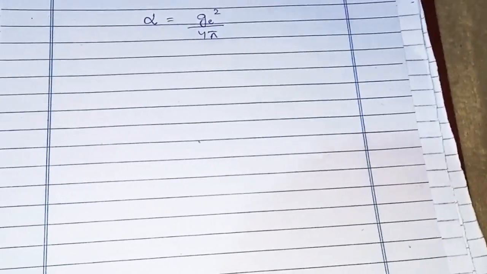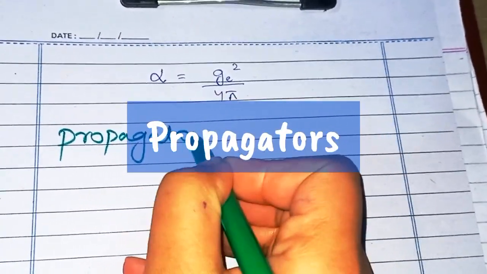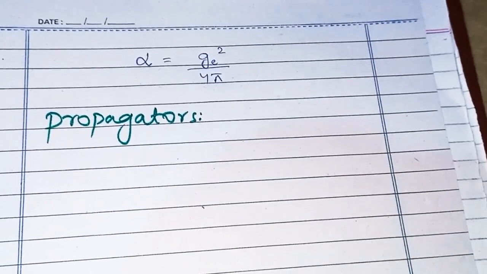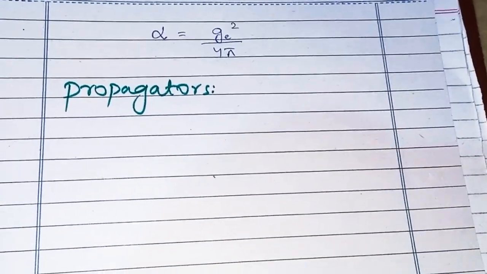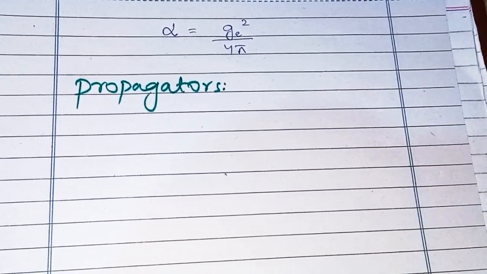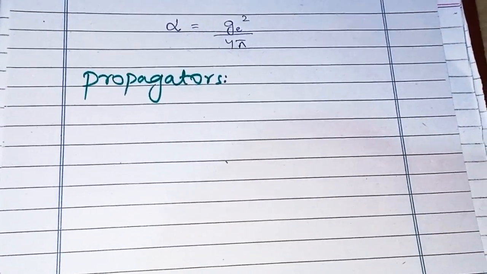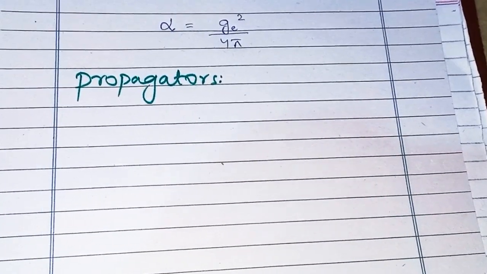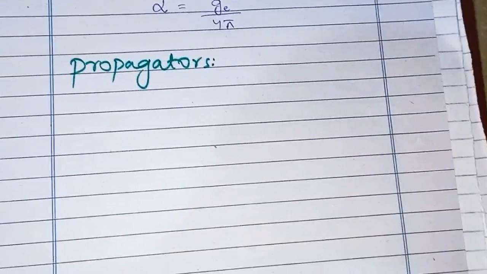Now let's write about the propagator, which is the next thing. We can have a photon propagator or a particle propagator, because sometimes a virtual particle is emitted. So we have one expression for the propagator when it's a photon and a different expression when it's a particle propagator. It depends upon the type of interaction we have. Just as a vertex factor, we also have a propagator factor.